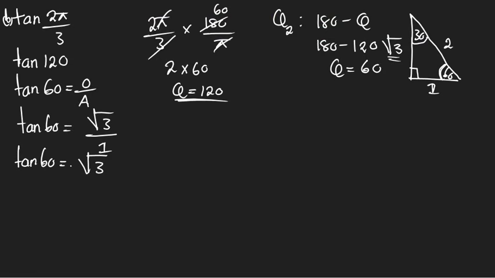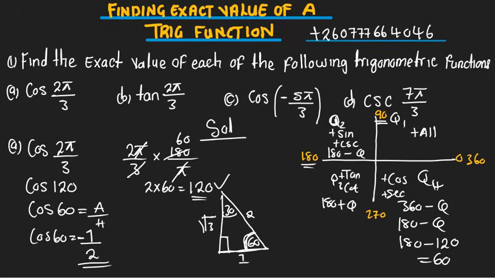Henceforth, tan is going to be negative this time around. Okay, that is the exact value of this particular question. We go to C. So I'm going to leave C as your work, your attempt. Let me solve D for cosecant.